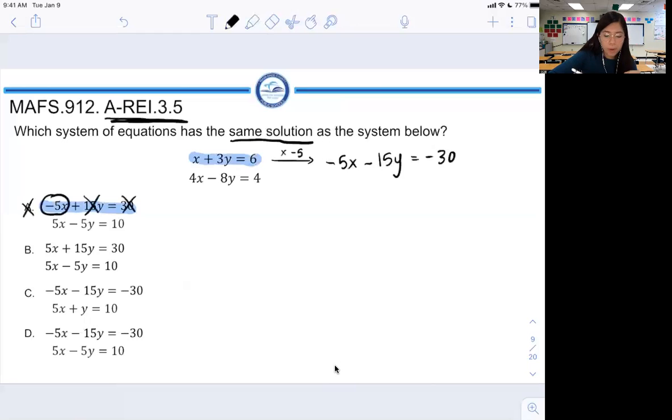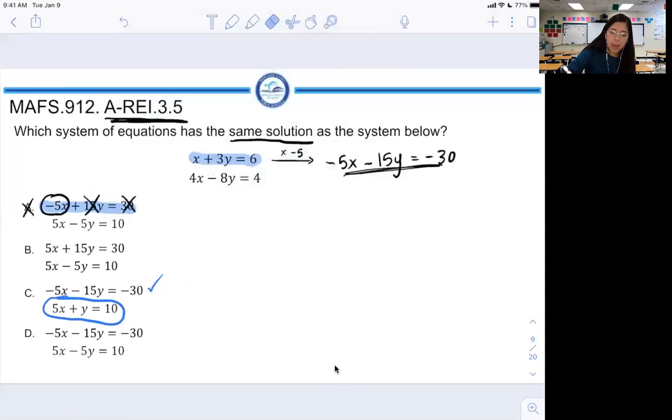Now while I'm here, let me check C, because C does match what I got here. So the top equation for C matches. This is good. But now we got to check the bottom equation. So is there a way to get this bottom equation from something on the top, or from something from the original problem? Well, I don't think that that would be a multiple. It doesn't look like I would be able to multiply any of those original equations to get 5x plus y equals 10.